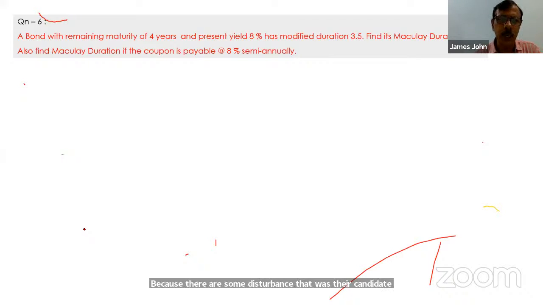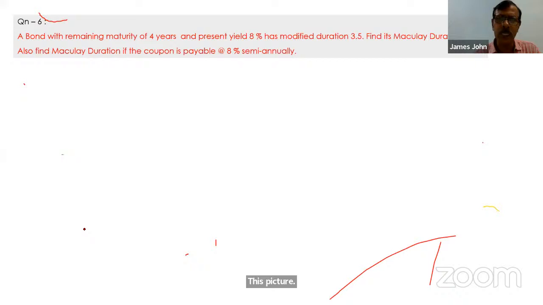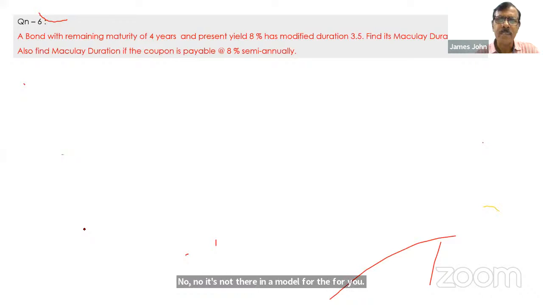Can you repeat it once again? Bills of exchange, you're referring to. That's not pertaining to this topic. No, it's not there in A module. Before you wind up the session, I just want to clarify, sir. That's why I asked. Not familiar with this bill of exchange.